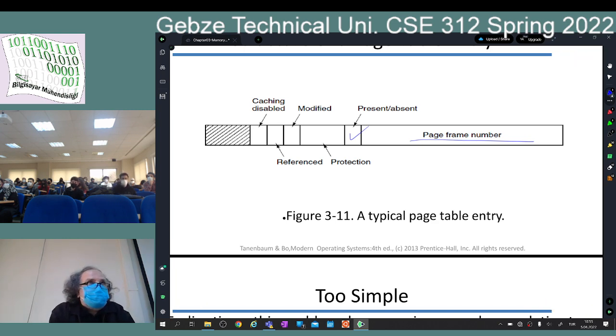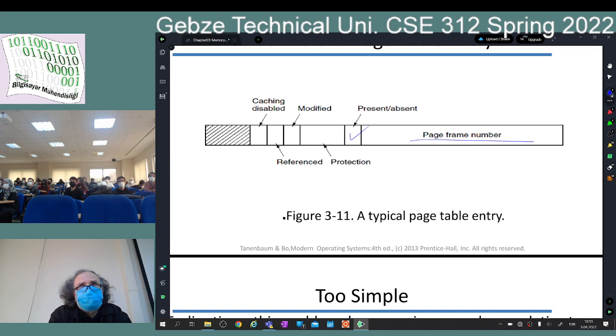One is a reference bit, okay? Reference bit means that this program has referenced this page while it is running. The operating system and the hardware are responsible for keeping this reference bit up to date. If that program keeps using this page, its reference bit is always 1.